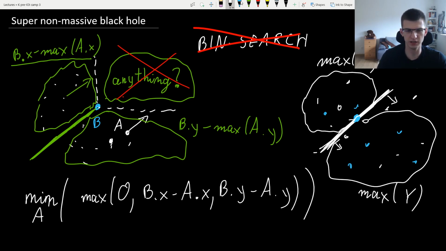And those will be 2 candidates. I will find the closest point here, A, and the closest point here, A. And for each of them, I know by how much I need to shift. And I will choose the better one out of the 2. It turns out we can do the same thing in 3 dimensions.